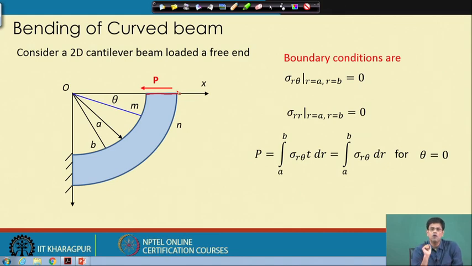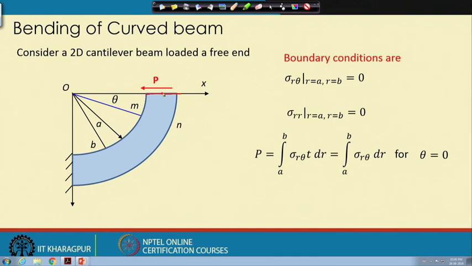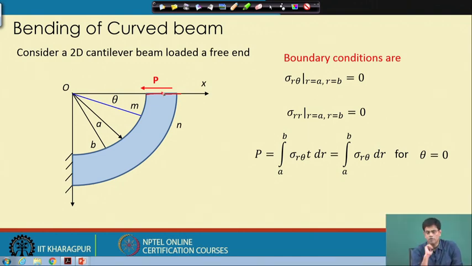You have already solved this problem via the strength of materials approach and you know the solution. For instance, you know the formula for the displacement at the tip of the cantilever. So we will see whether this formula actually works here or not.